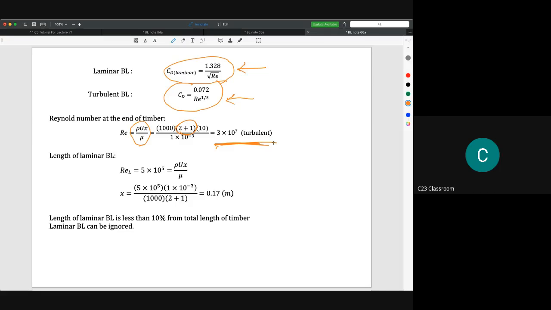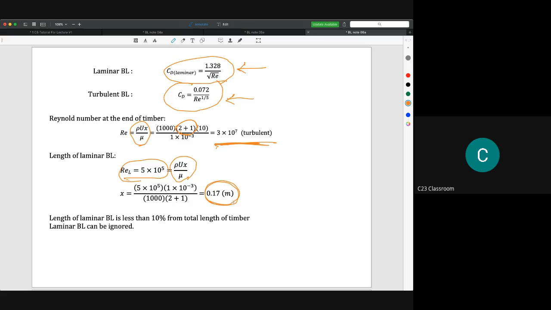Then we learned previously the effect of the laminar boundary layer, so we need to check. We assume that 5 times 10 to the power of 5 is the transition, so we equate it with rho ux over mu. We substitute everything and found that the length of the laminar boundary layer, the x here, is 0.17 meters.